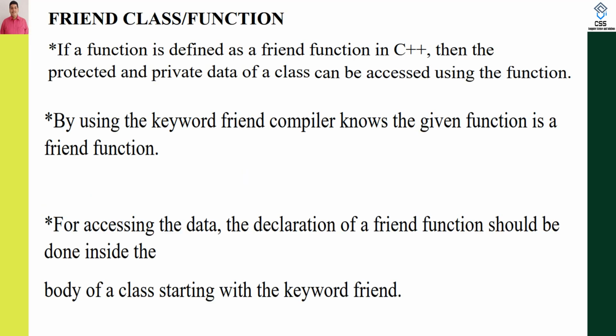Next is friend. As we discussed previously, a private member cannot be accessed outside, and there is only one exceptional mechanism. Private and protected members can be accessed outside if you declare them as a friend of that class.